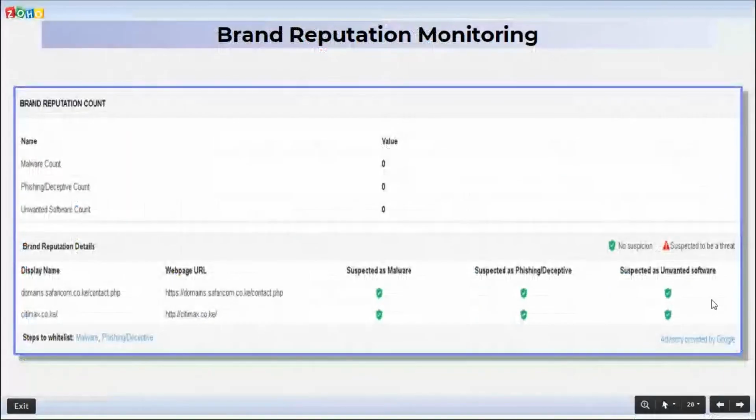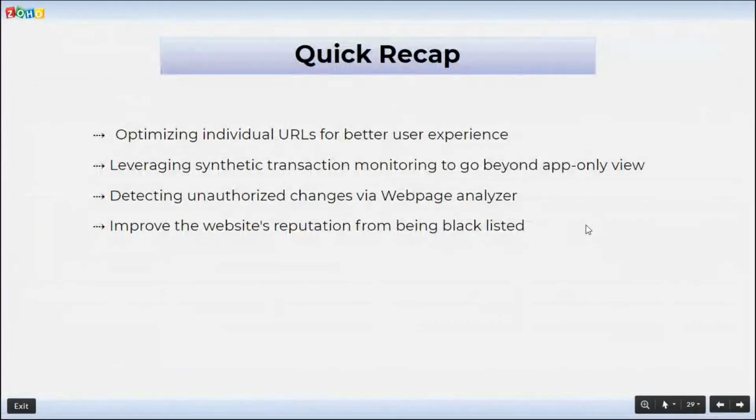Going back to the presentation, we are at the end of this session. I will take a few minutes to quickly walk through the things that we saw, and the first of which was URL monitor. That is how you could optimize your URLs, individual URLs, to monitor them for their health and their availability, and some parameters to understand the response time of the URL.